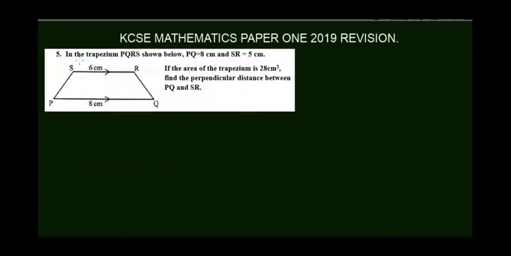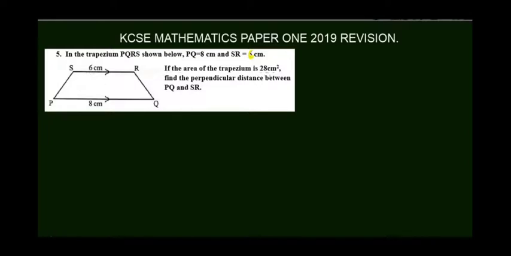So in this question, in the trapezium PQRS shown below, PQ is 8 centimeters and SR is 5 centimeters. Sorry, it should be 6 centimeters. So this is 6 centimeters.